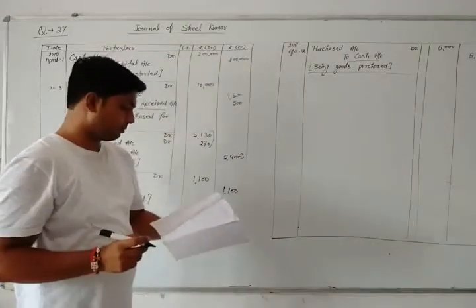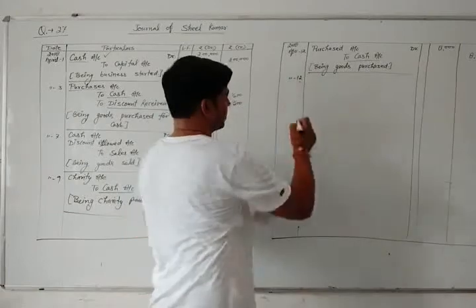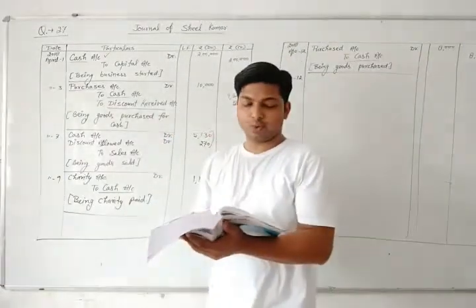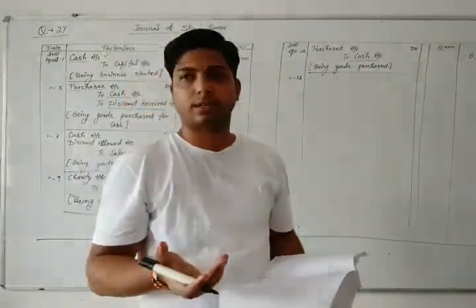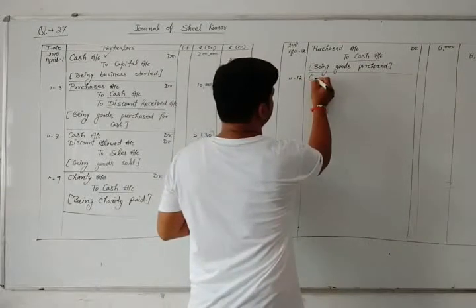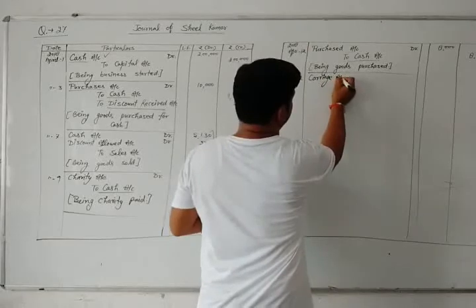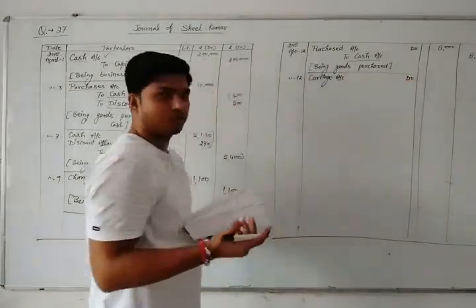Next, on the same day, April 12, another transaction is made. The next transaction says paid 250 rupees for carriage. Carriage is an expense, so definitely there will be expenses and losses. So we are going to write carriage account debit, and if we are paying something, what will go out from the business?